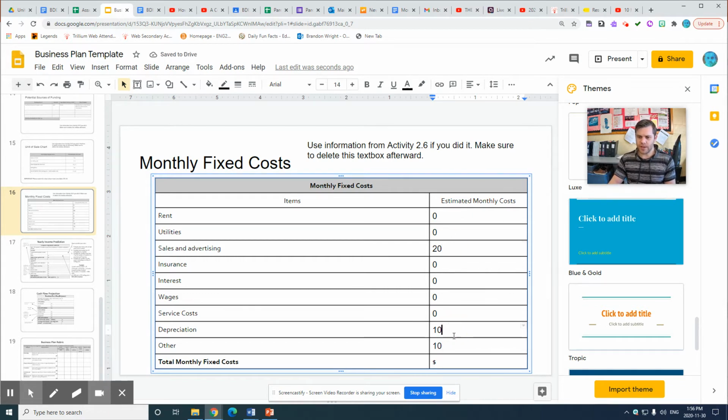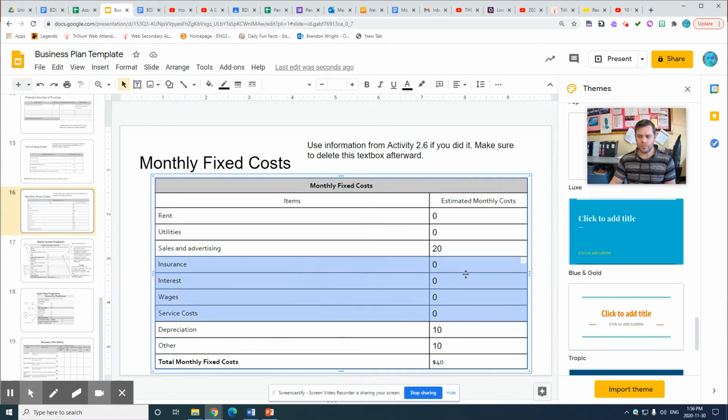So 20 plus 10 plus 10 equals $40 in total. So I'm expecting to spend $40 a month on my snow shoveling business, and that's every month, on sales and advertising, depreciation, and other costs. So if a cost does not apply to your business idea, just give it a 0.